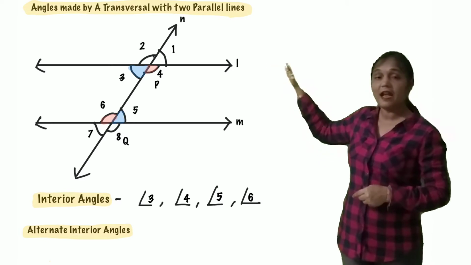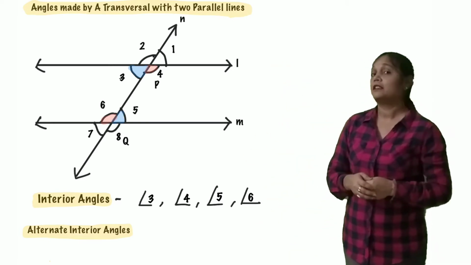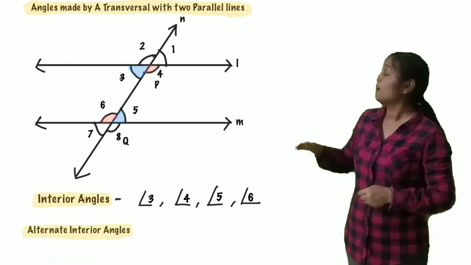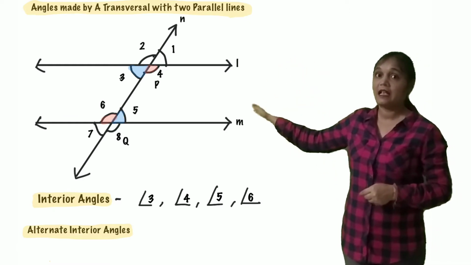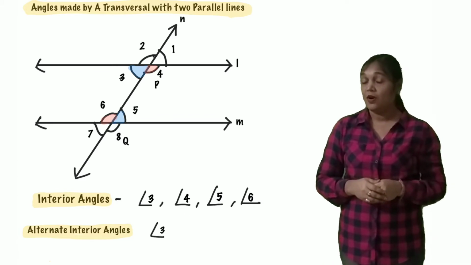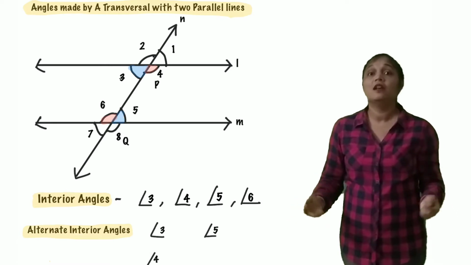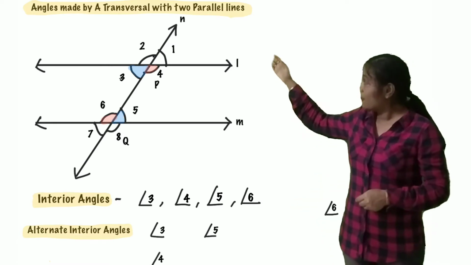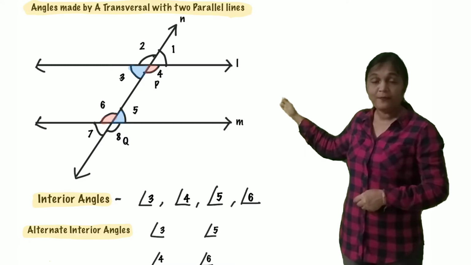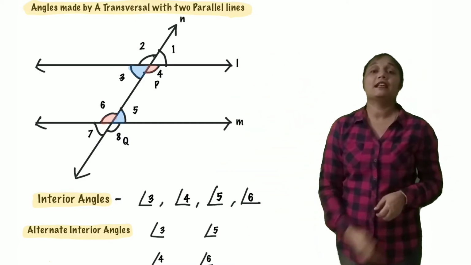So angle 3 and angle 5 are alternate interior angles. Similarly, angle 4 and angle 6 are alternate interior angles. And alternate interior angles are always equal. So angle 3 is equal to angle 5 and angle 4 is equal to angle 6.